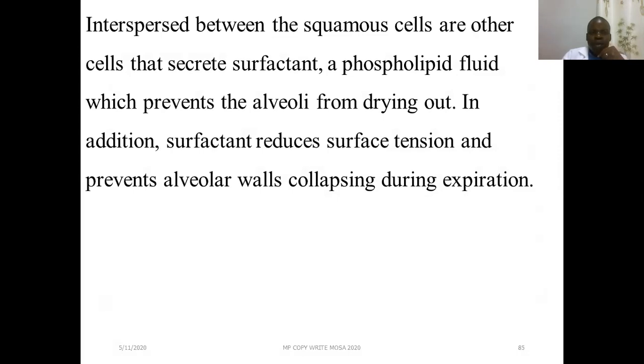Interspersed between the squamous cells are other cells that secrete surfactant, a phospholipid fluid which prevents the alveoli from drying out. In addition, surfactant reduces surface tension and prevents alveolar walls collapsing during expiration. So the surfactant reduces tension between these structures and prevents the collapse of the alveoli during expiration.